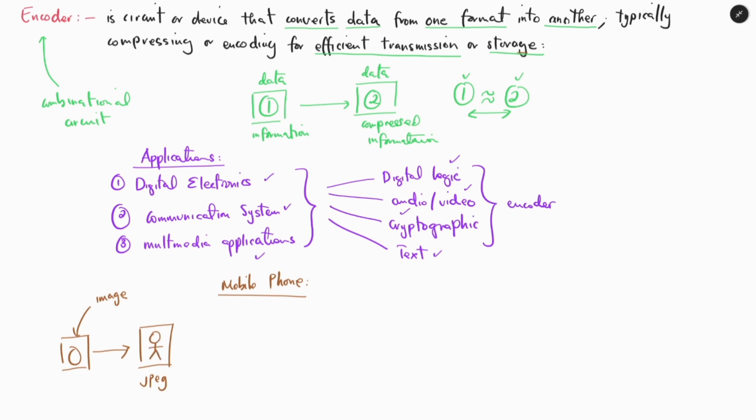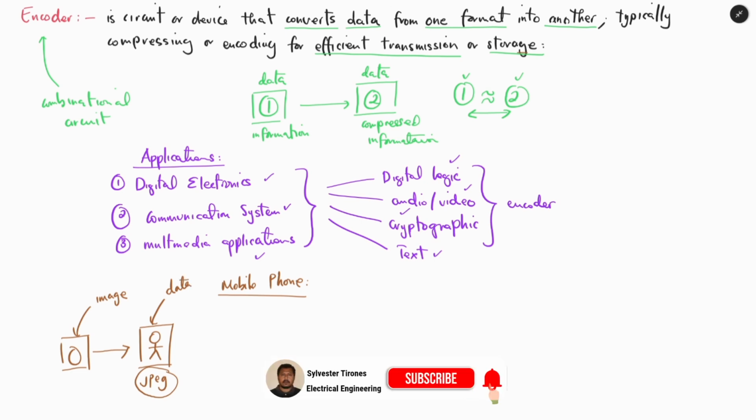This is the image that is stored, and it is in the JPEG format, and this is now our data. If we want to store this data in our mobile phone, then we cannot store this JPEG image, and we now want to convert this information, which is JPEG, into binary information that can be stored in a computer. In order to do that, we need what is called the encoder.